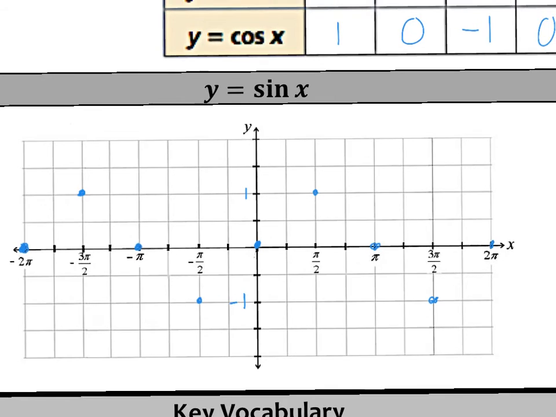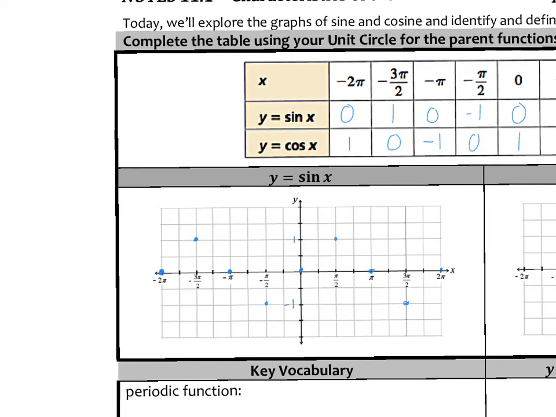Okay? We can then connect these dots, and we make what we call our sine curve, which is just up and down from 1 to negative 1. I'm missing a few points here. It's a little difficult on this application. But as you can see, it just fluctuates, reaching a high point of 1 and a low point of negative 1.